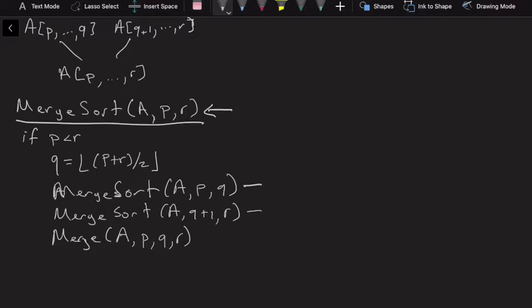The way we're going to do this is we know that this line, computing Q, takes constant time. And we need to figure out how long it's going to take to do each one of these merge sorts on a smaller scale, and how long it takes to do the merge.